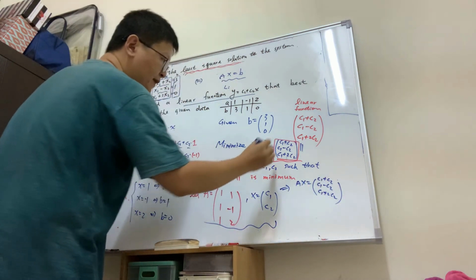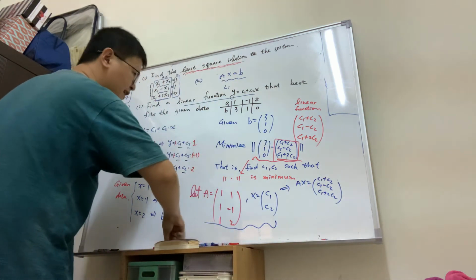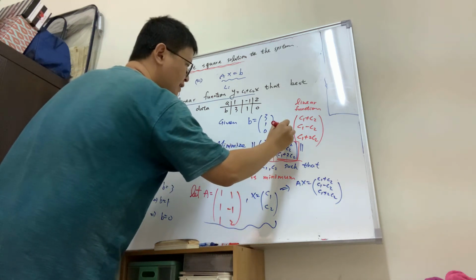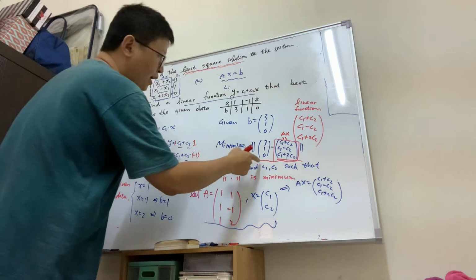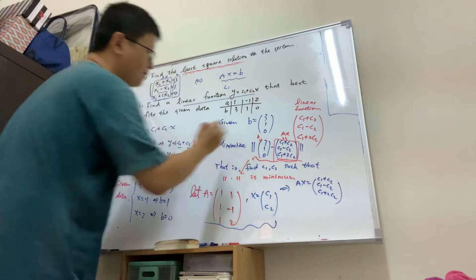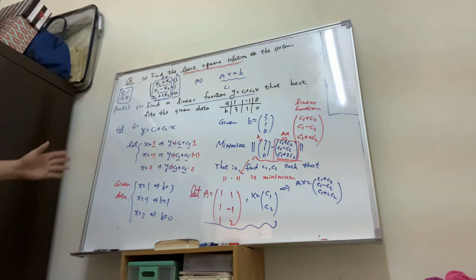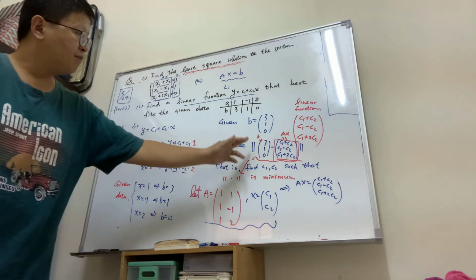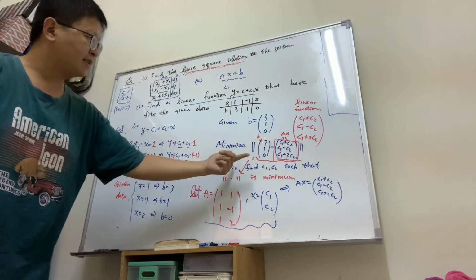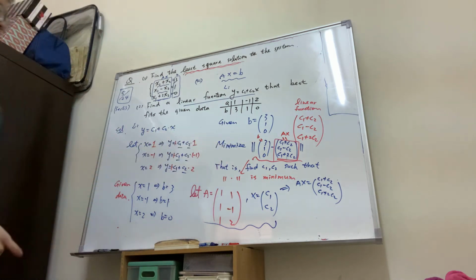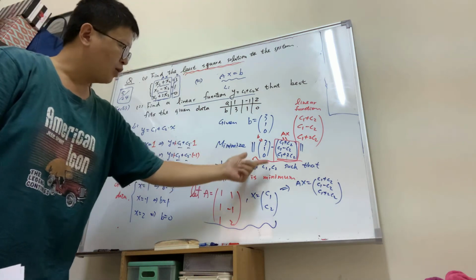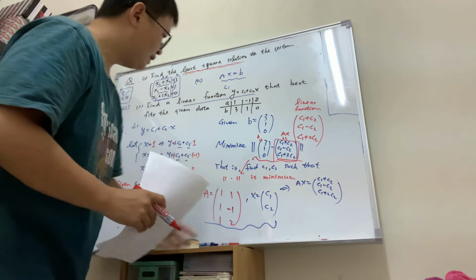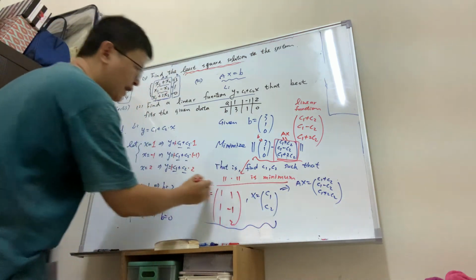And 3, 1, 0 is B. So now the question becomes: we want to minimize the length of B subtract Ax. That means we want to find c1 and c2 such that its length is the minimum.